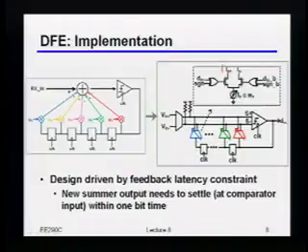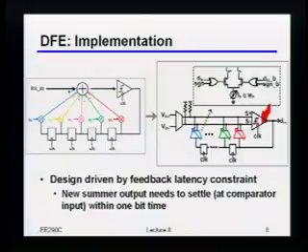Or if you steer it the other side, then it's obviously the reverse. Okay? So the whole trick here is that this design is really driven by the fact that at every bit decision that you make, that new stream of digital bits sitting inside of this shift register has to be able to create a new analog value that settles out before this comparator makes another bit decision, right?